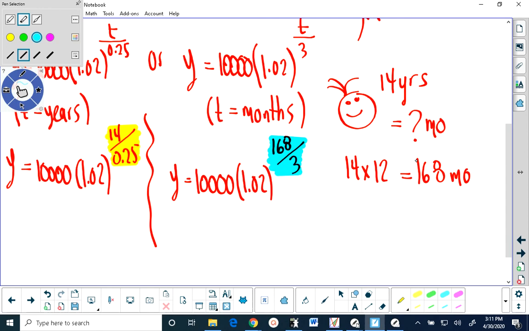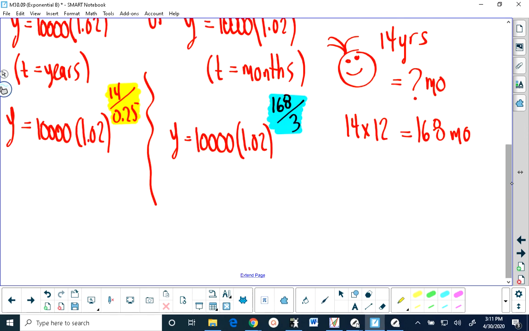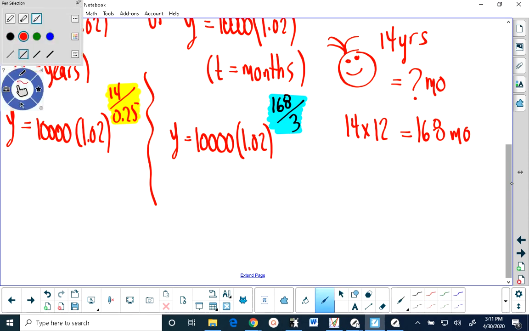And what you're going to discover is you get 56 no matter what. 14 divided by 0.25 is 56. Which means that Elaine's investment, if you use the equation on the left, will be 10,000 multiplied by 1.02 raised to the 56.